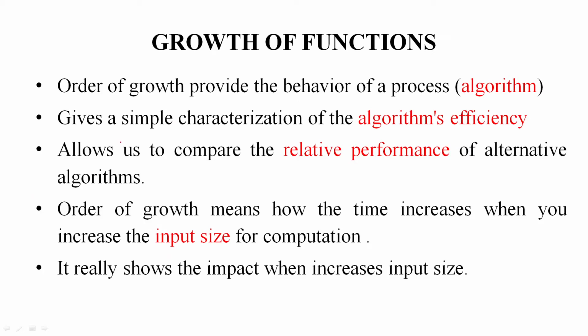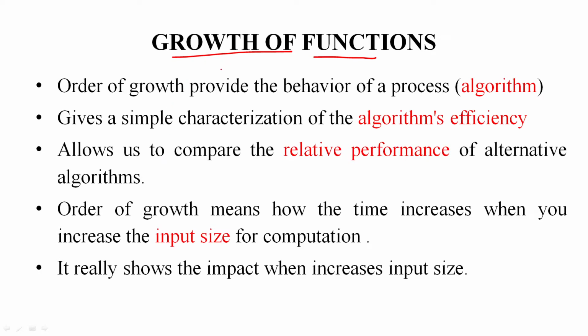Here, to measure the algorithm's performance, we have one approach, order of growth of given functions. So which is the function? Each and every algorithm will be considered as a function depending upon the input size.